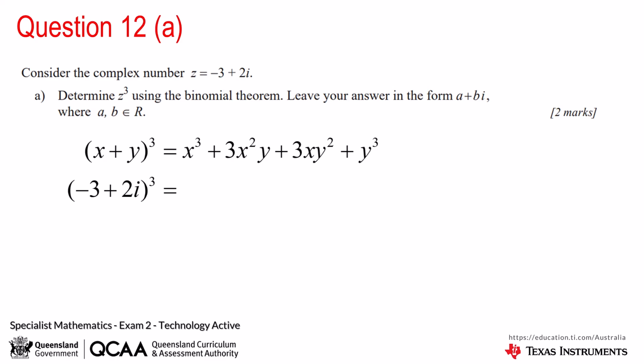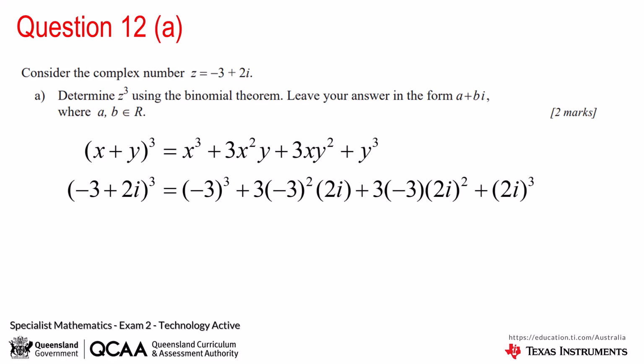So you will need to write -3 all cubed plus 3 times -3 all squared multiplied by 2i plus 3 times -3 multiplied by 2i all squared plus 2i all cubed, and then simplify that to obtain 9 plus 46i.